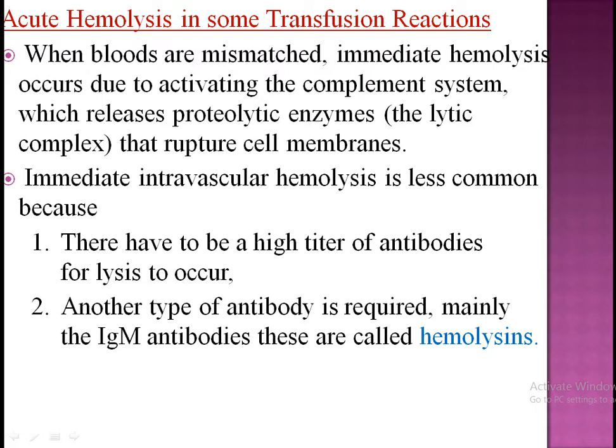When bloods are mismatched, immediate hemolysis occurs due to activating the complement system, which releases proteolytic enzymes that rupture the cell membranes. So immediately we can have acute hemolysis in some transfusion reaction. This acute reaction can lead to sudden death. So students, you must take care about the blood transfusion.